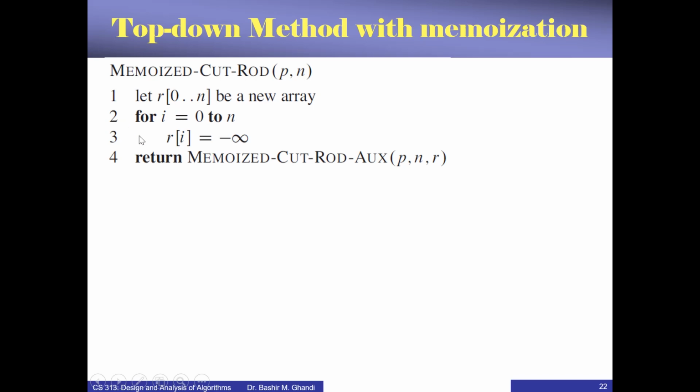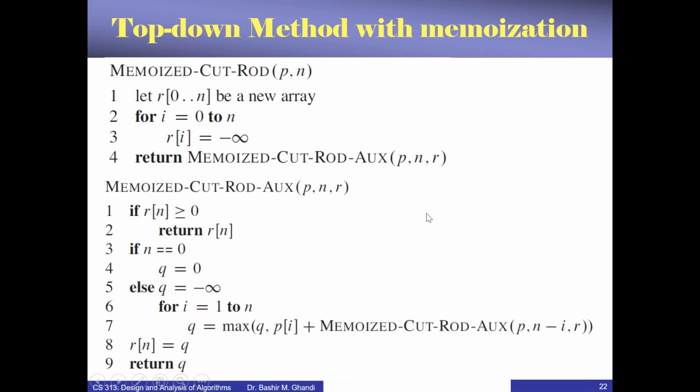Once we initialize the array, we pass it to the second routine, which is called memoized cut rod auxiliary. We pass the array R along with the table of prices, and our n. And this is the memoized cut rod auxiliary.